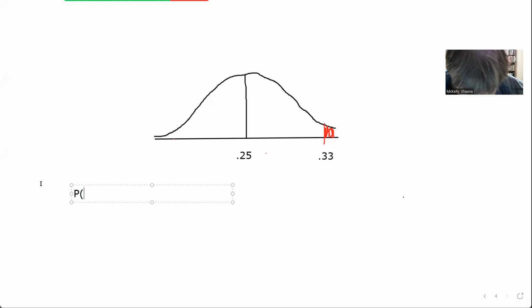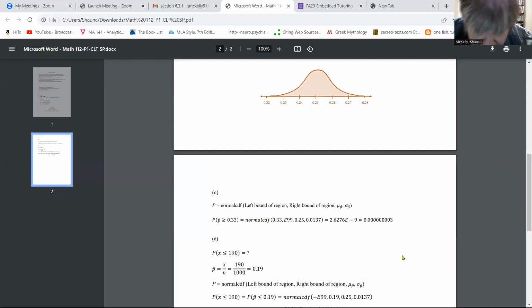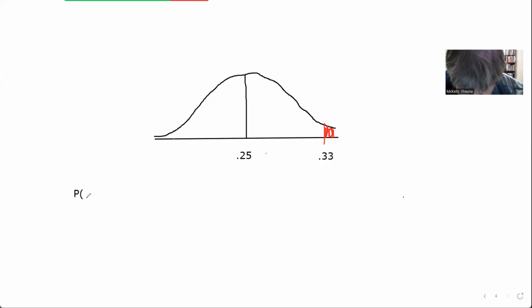This is the distribution of P's. The probability of P hat, the sample proportion, greater than or equal to 0.33. Okay, this is not 33, this is 0.33.